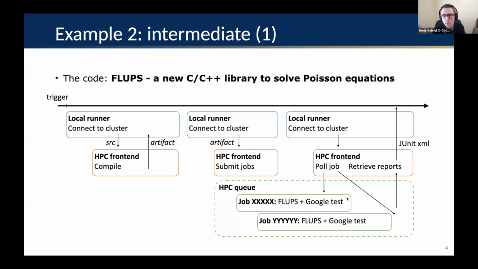So in order to have more information about the jobs themselves, we worked with the Google Test library, which provides some support to define tests in your code, and that gives you the ability to generate reports with metrics related to your code and how your code performed.